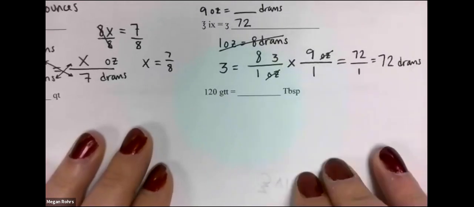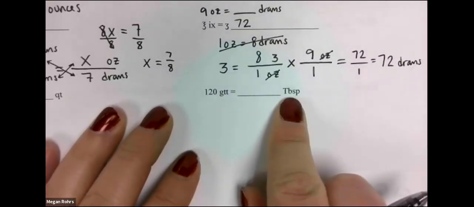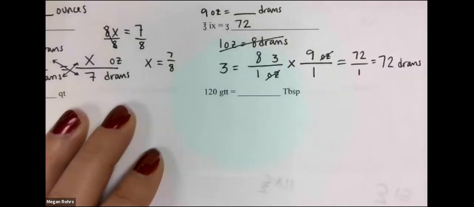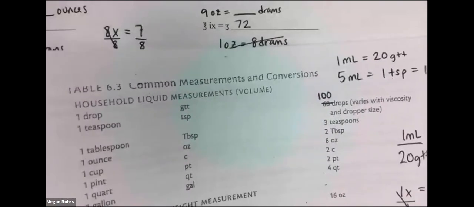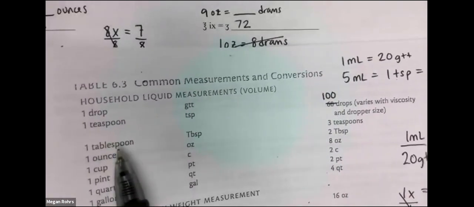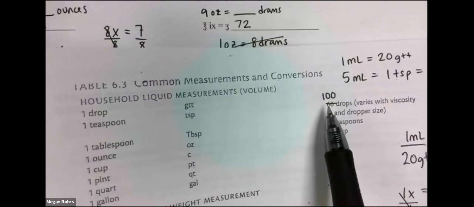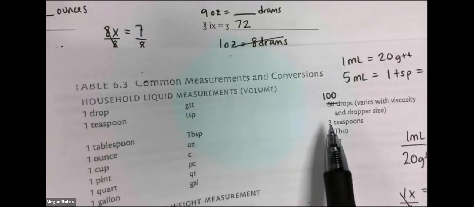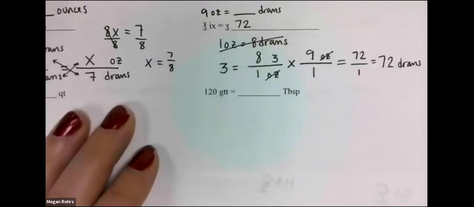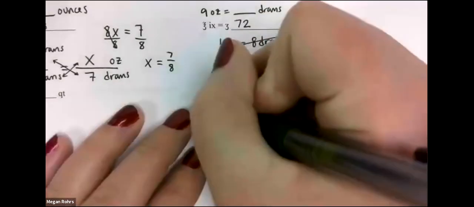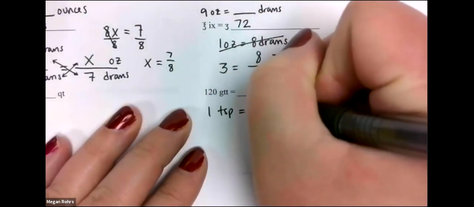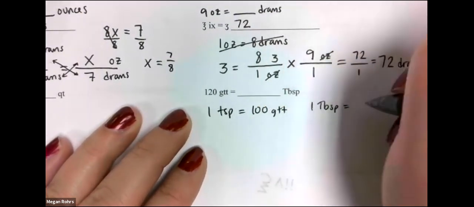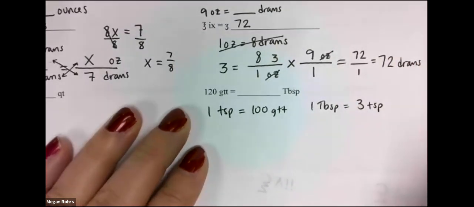Okay, now this last example. 120 drops is how many tablespoons? Well, if I look at my chart here, I see that 1 teaspoon is equal to 100 drops, and 1 tablespoon is equal to 3 teaspoons.